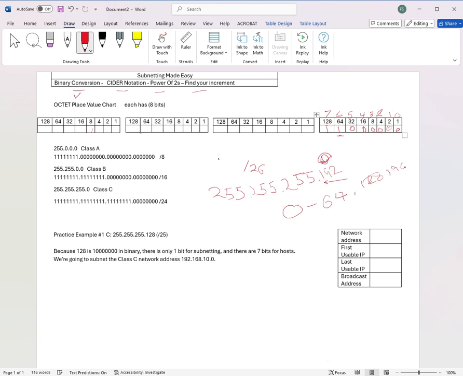We're just adding 64 each time. So we're going to stop there. And that tells you the increment. The increment here is 64. So that explains how we're going to increment our subnets.